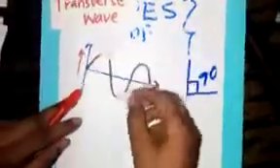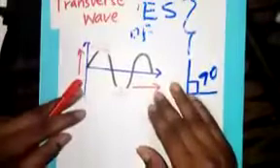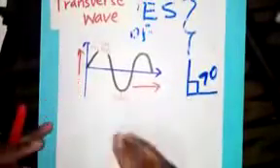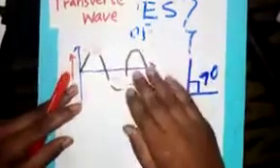Therefore, we have two features in a transverse wave. We have the upper peak, which is called crest, and also the depressed peak, which we call trough. Now let us discuss what crest and trough mean.